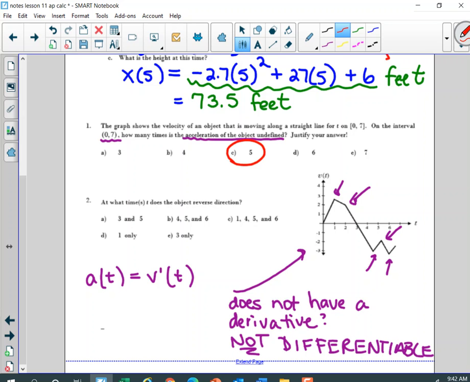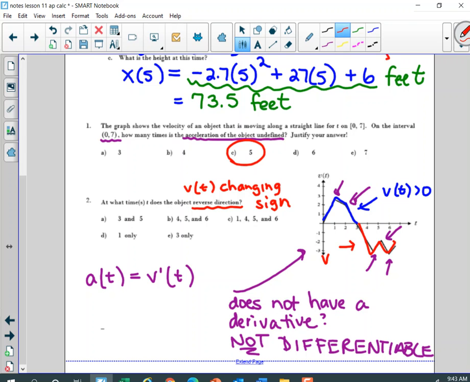Change in direction is question 2. Reversing direction is a velocity changing sign. When I read a velocity graph, when my graph is above the x-axis, that represents all my positive velocity scenarios.